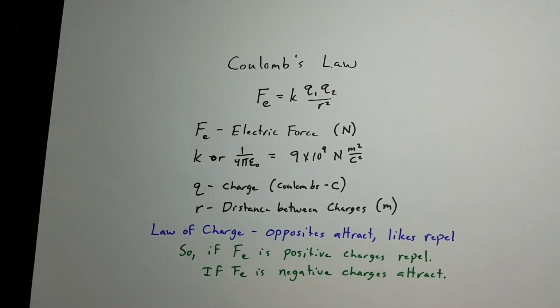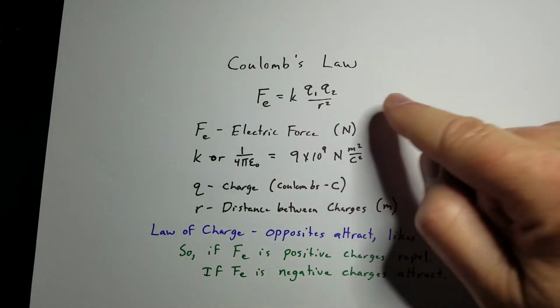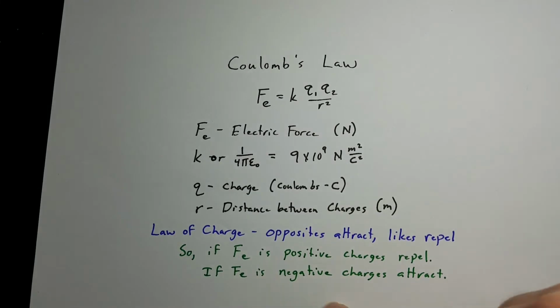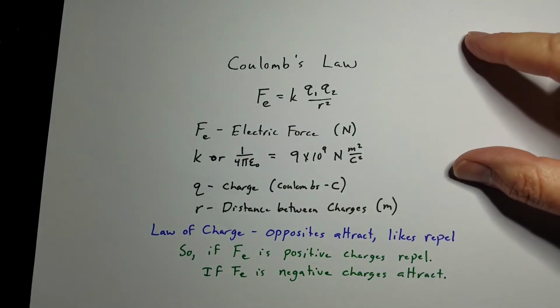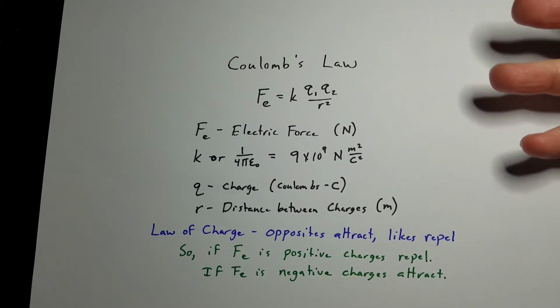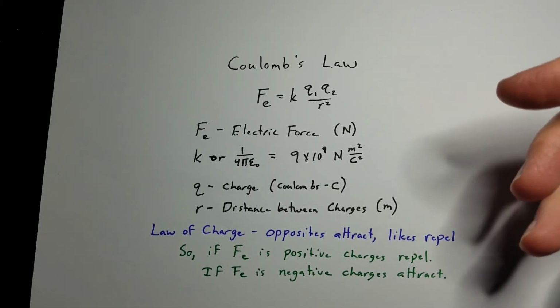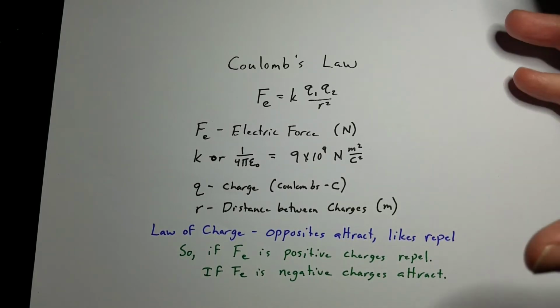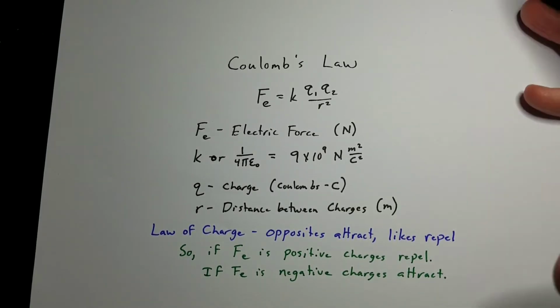So if F comes out positive, that means we have two like charges, so those two charges want to repel from each other. If Fe comes out negative, then we have opposite charges, and those two charges want to attract each other. That comes in handy if we want to know what's going to happen to that force, whether it's going to try to pull the charges together or try to separate them.